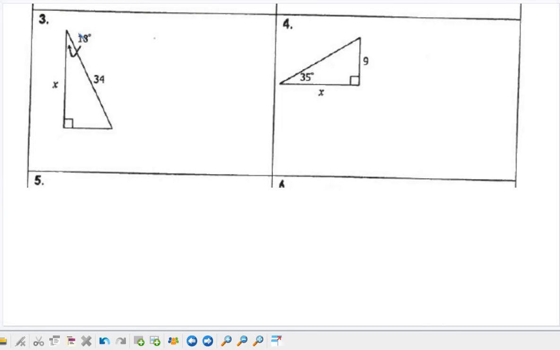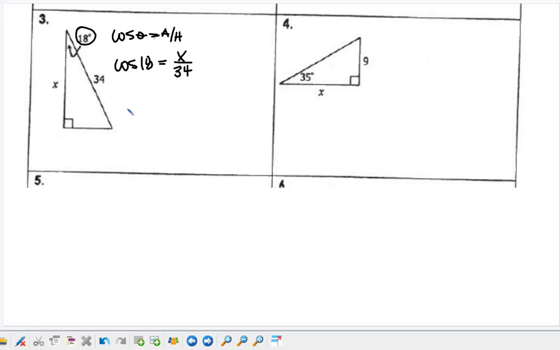Number 3, so my angle is here. The first thing I need to figure out is what trig ratio I have. I have adjacent and hypotenuse, so that's cosine. So cosine of 18 is equal to adjacent x over hypotenuse 34. This is the same run through as 1 and 2.